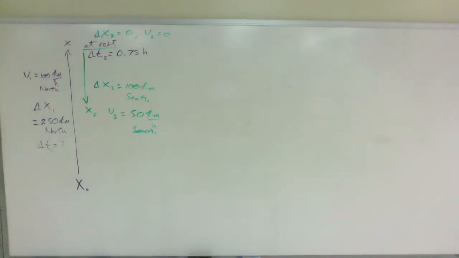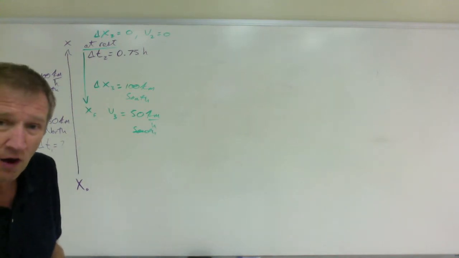I need to grab a calculator. I'm going to have to solve for the time it takes to go 250 kilometers at 100 kilometers per hour. I can do that in my head, and you most likely can too.